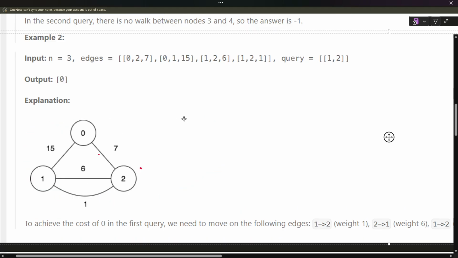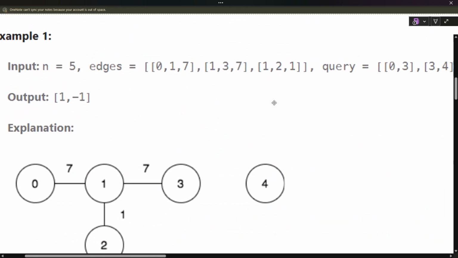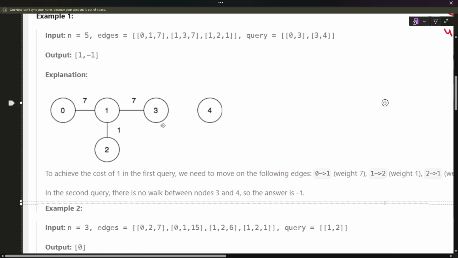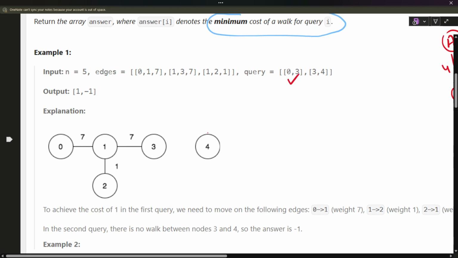Let's just go through the example, and then I will be explaining it. For the query 0 and 3, we need to go from 0 to 3.